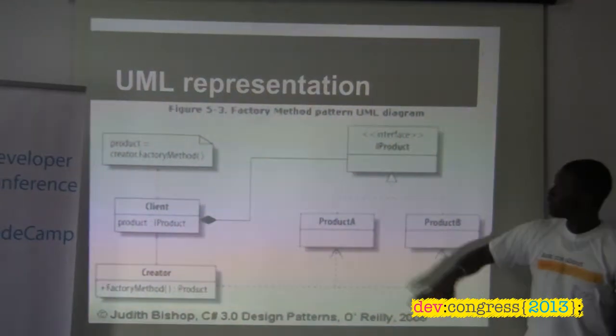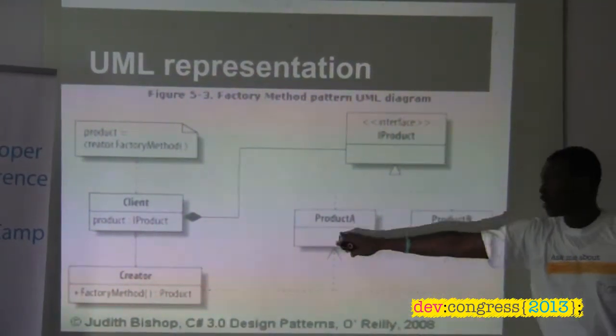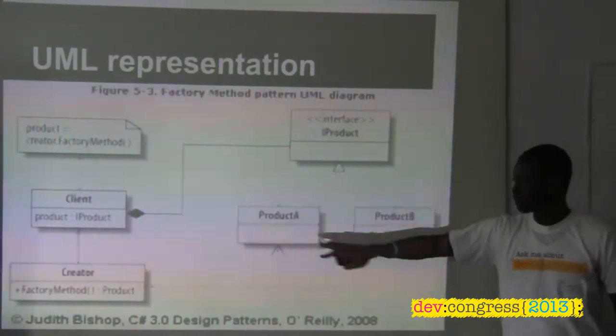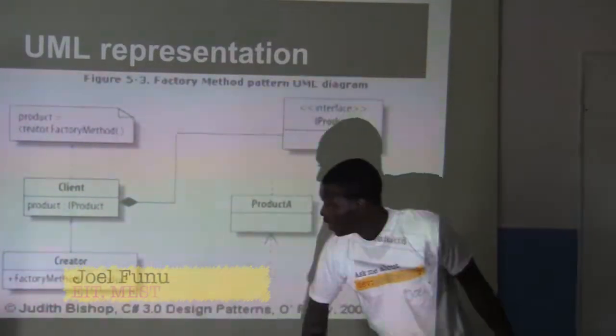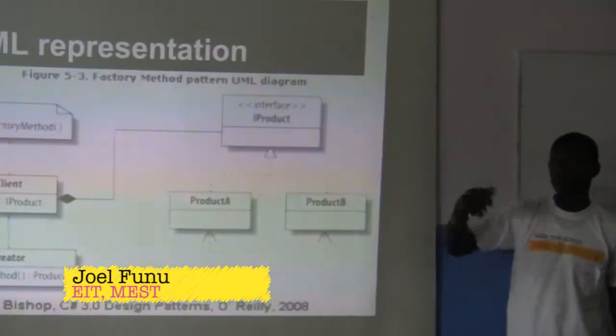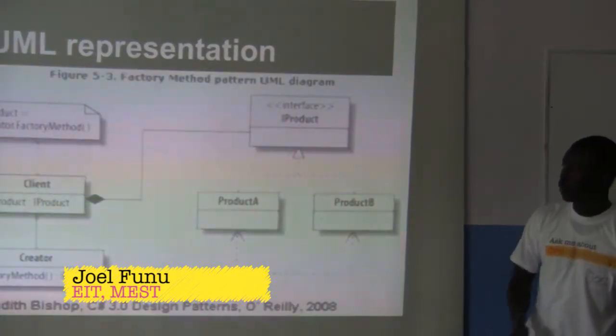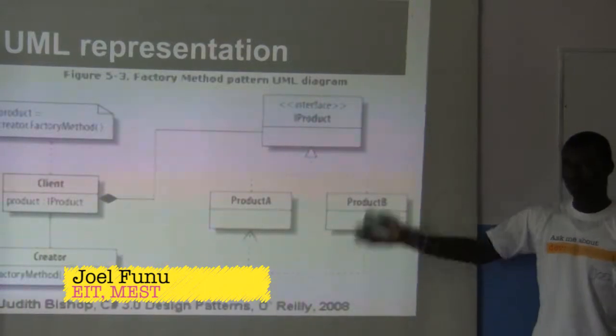So over here we have a product, let's say a vehicle, and then other products that will be implementing this interface, right? And then we have a factory over here that, depending on whatever argument is passed to it at runtime, will decide which of the objects to instantiate.